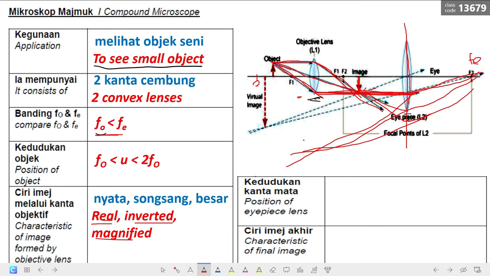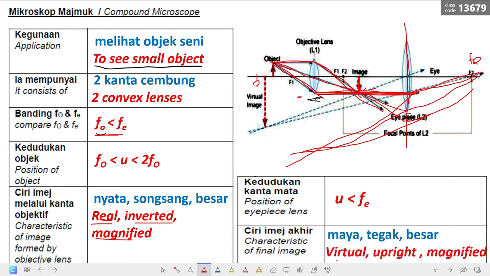Now, how about the final image? The first image is formed by the objective lens, and this image will become the object for the second lens, the eyepiece lens. The final image is virtual, upright, and also magnified. But you already saw this one, how can it become upright?